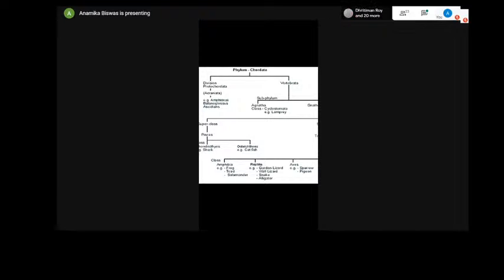So the classification of phylum chordata is divided into subphylum protochordata and vertebrata.